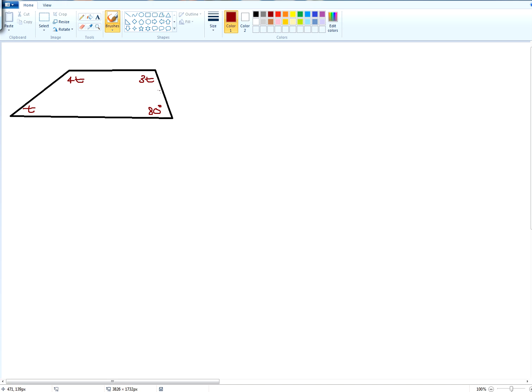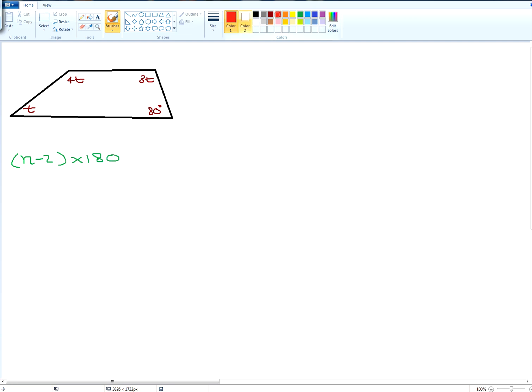Now, everybody knows what the internal angles of a quadrilateral add up to: 360. But for the sake of argument, let's say we don't know that, and work it out with the formula. It would be n minus 2, times by 180.